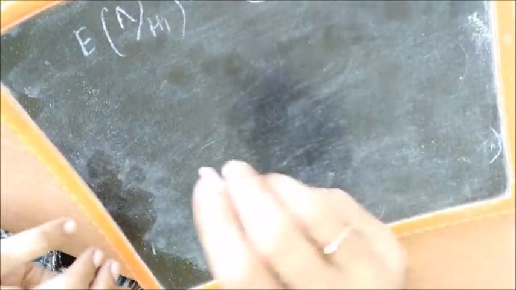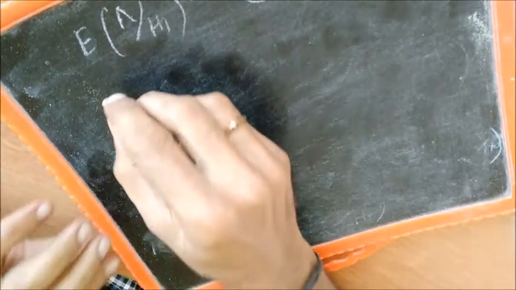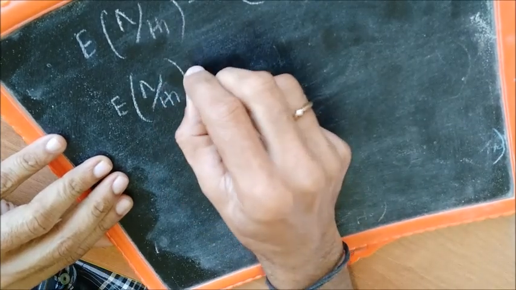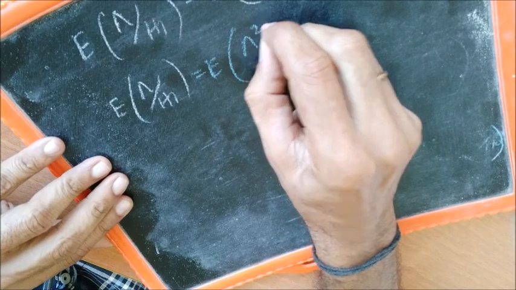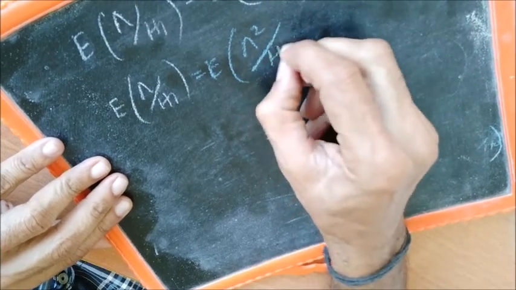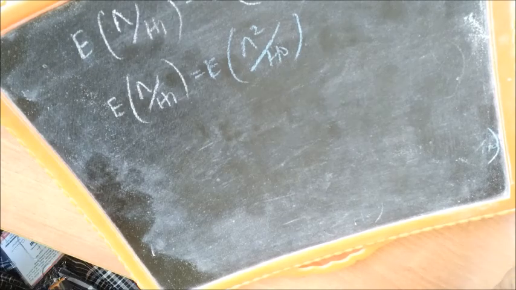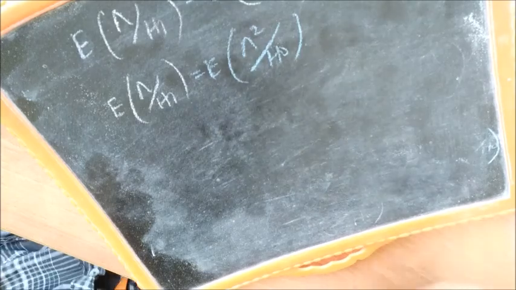Now here, from what we proved just now, we know that expected value of lambda given h1 is equal to expected value of lambda squared given h0. This is based on what we just showed, that is part A of the question.